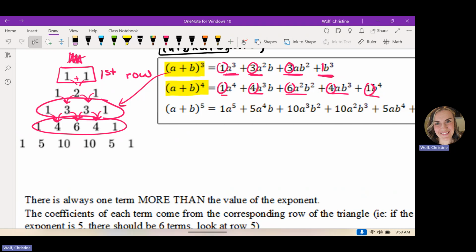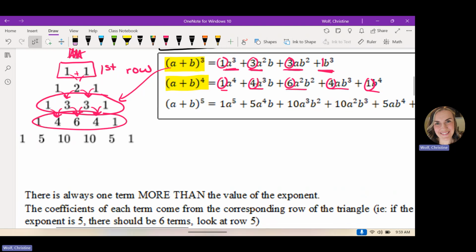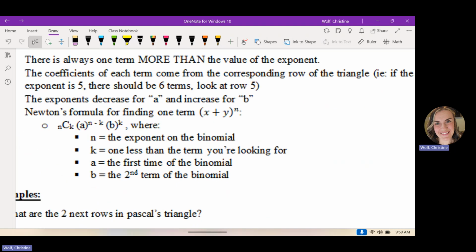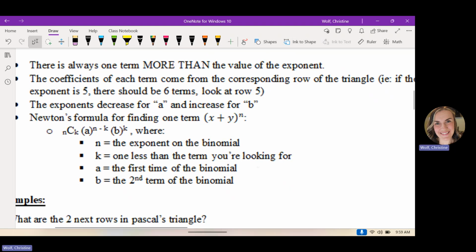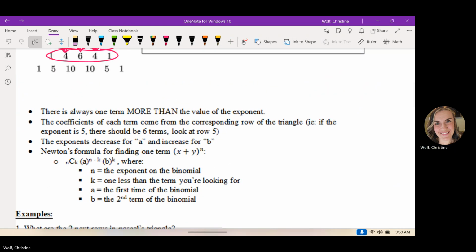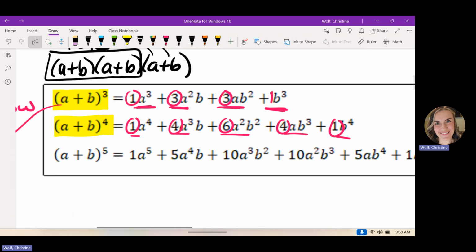Now here are some important rules, and this is going to seem like a lot of information coming at you. It is, but as we do the examples, you'll get the hang of it. So just try not to get overwhelmed. First thing, there is always 1 term more than the value of the exponent. If the exponent is 3, you'll have 4 terms. If the exponent is 4, you should have 5 terms.